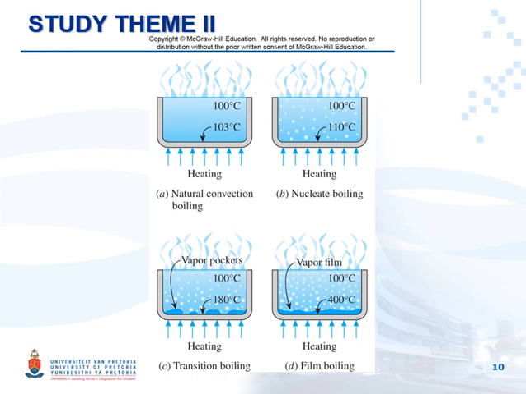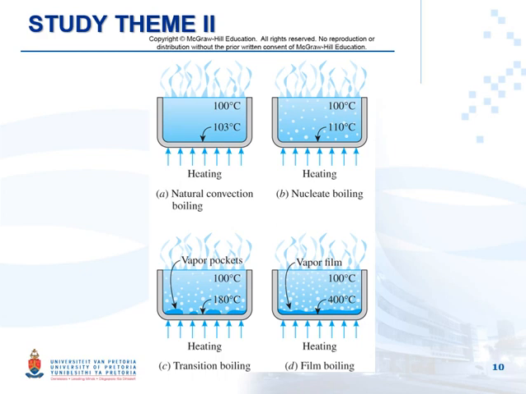The intensity of bubble formation increases as the water temperature rises further. Okay? And you will notice waves of vapor bubbles coming from the bottom and rising to the top when the water temperature reaches the saturation temperature. This full-scale boiling is saturated boiling.